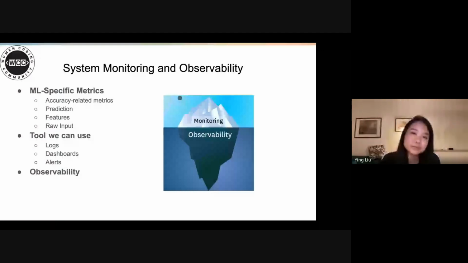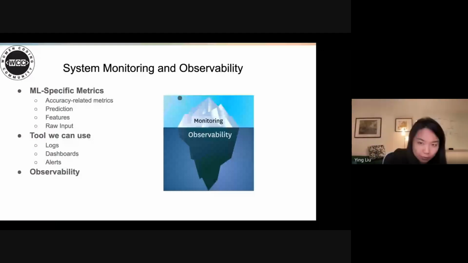Monitoring is a part, but another concept being introduced is observability, which means that when you are monitoring, you are just looking at some part you want to look at, but in reality, you need to keep everything available. At each step, you need to have a log. You need to offer this information for people to look at when they monitor.